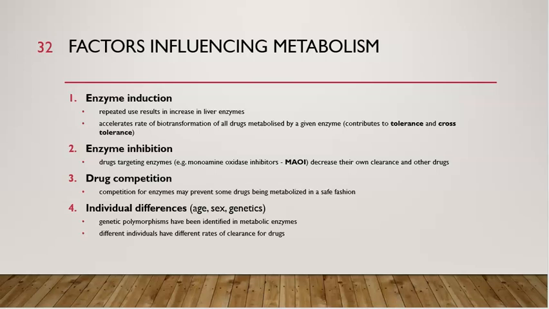In other words, the more you take a drug, the more enzymes to break down that drug your body will create. And what that does is it means you can now take more and more of the drug before you see the effects or before you have long-term effects, because you have more enzymes breaking things down. And so this contributes to tolerance and cross-tolerance.